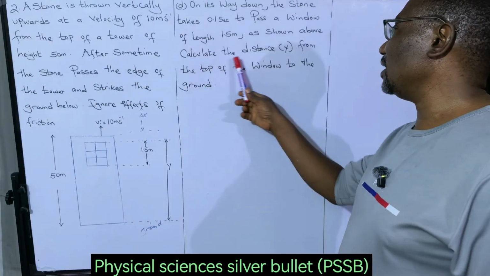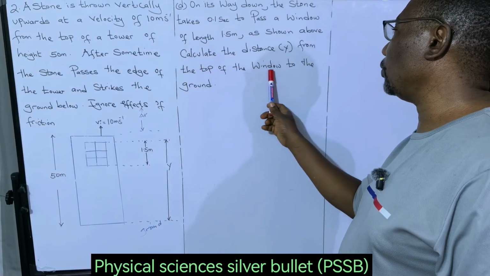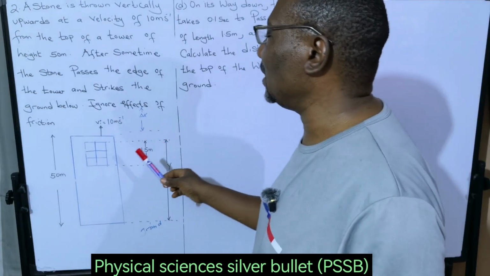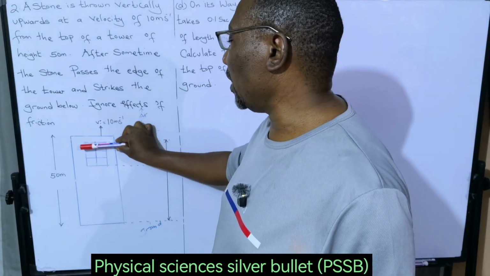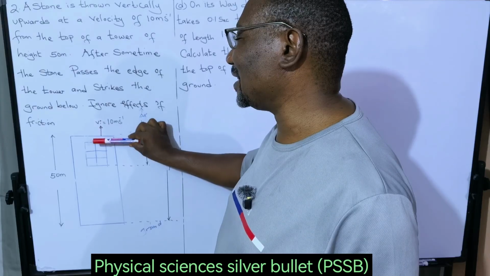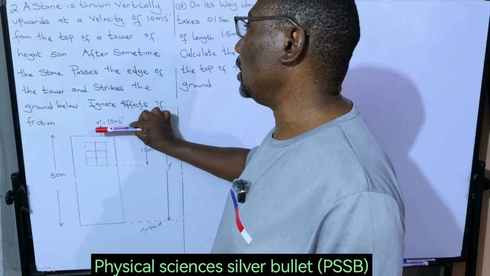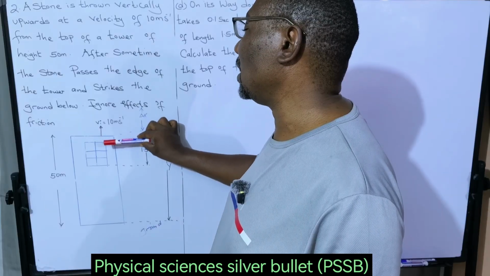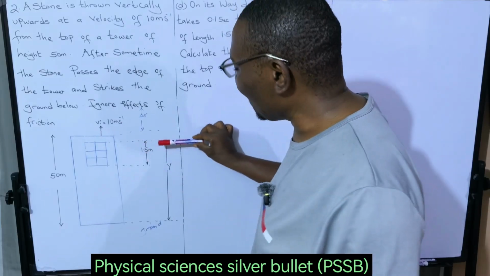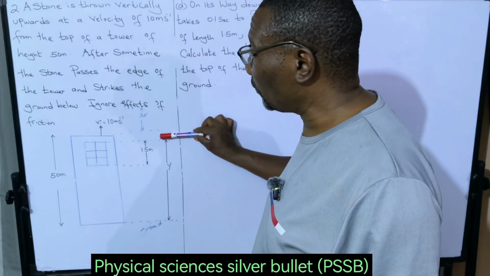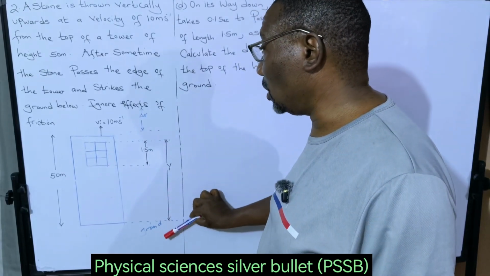Then they say calculate the distance y from the top of the window to the ground. We can see it here. This is our window. It is slightly below the top platform of the tower. And they want us to determine the length from the top of the window to the ground.